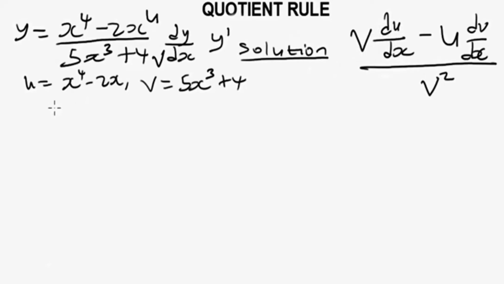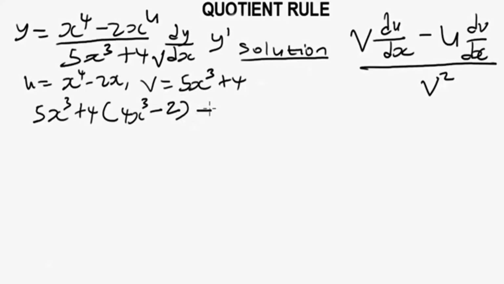So it's going to be 5x^3 plus 4, and when you differentiate u, you have 4x^3, minus, when you differentiate 2x, we have 2. That's 4x^3 minus 2, close the brackets.